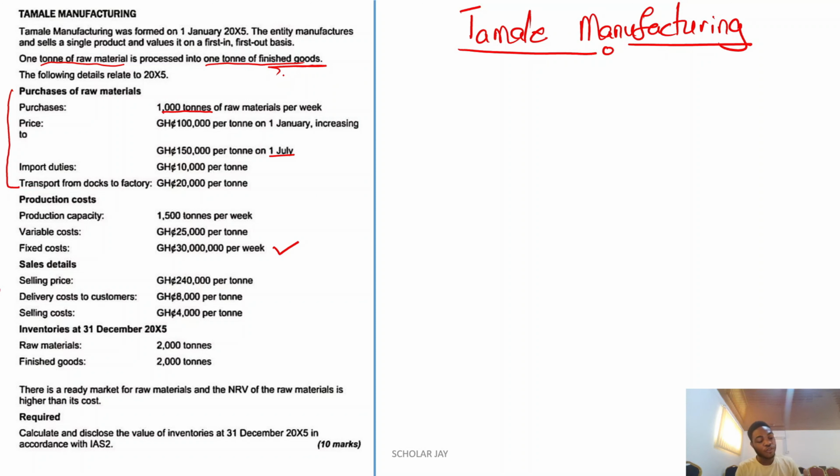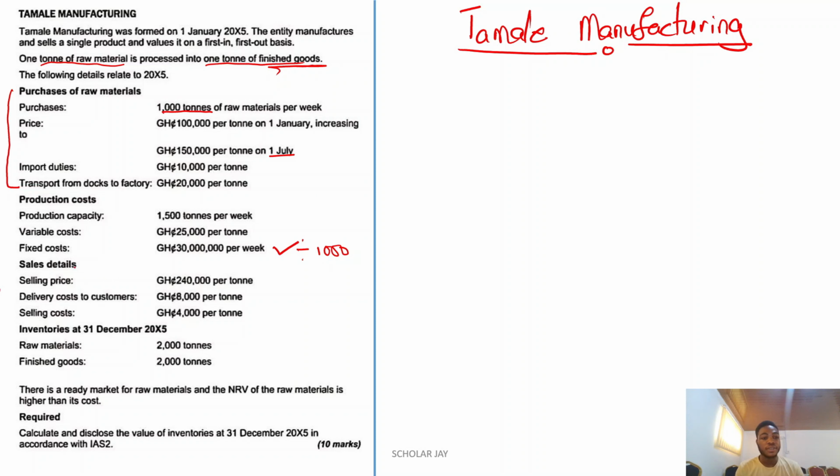So if they buy 1 ton of raw material, it is equivalent to 1 ton of finished goods. So if every week they are purchasing 1,000, even though their production capacity is 1,500, what it means is that they are only producing 1,000 per week. So this fixed cost, to get the per ton, we have to divide by 1,000 tons, not by 1,500. Are you getting the principle?